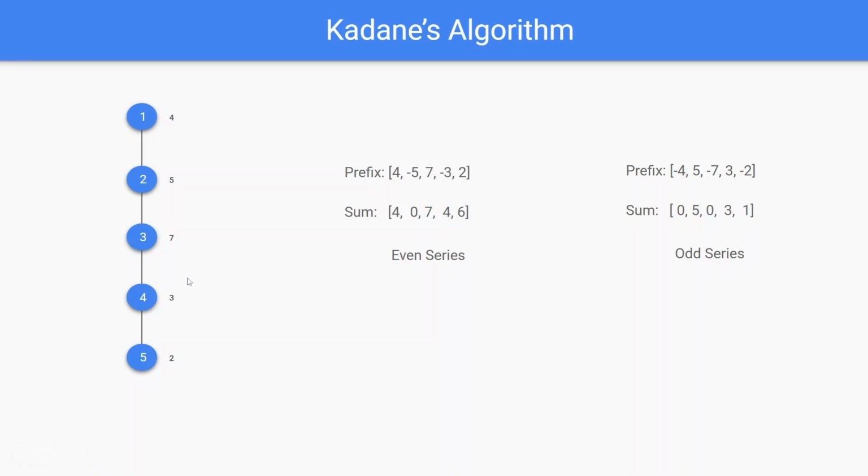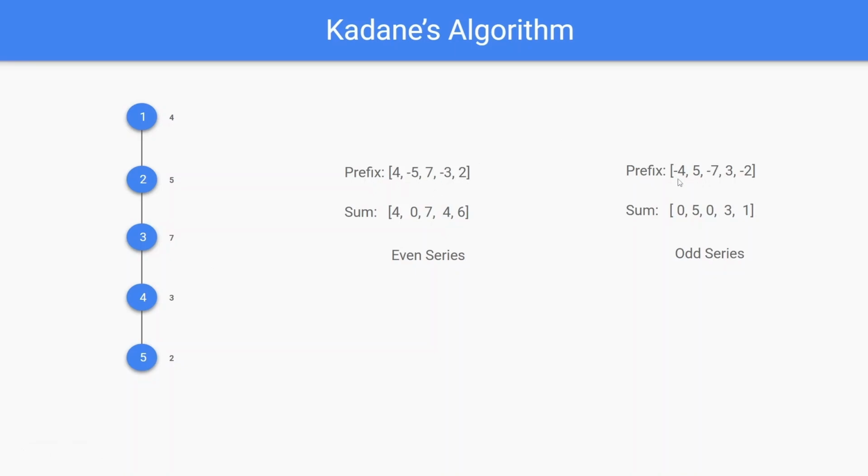And so for this reason, you have to maintain two different series. One you can call the even series, in which all of the nodes which are at even distances, for example node 1, node 3, node 5, you take as positive. And you carry another series which you call the odd series for those nodes which are at odd distances from the root, for example node 4, node 2, nodes like that, right? You calculate an odd series, because for such nodes the signs will be flipped. 4 minus 5, 7 minus 3, 2.